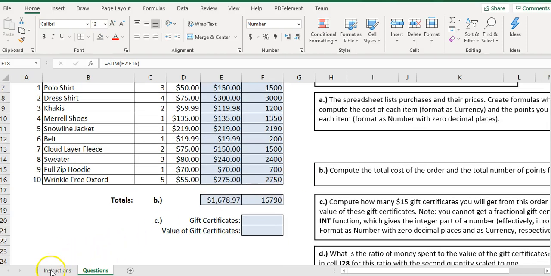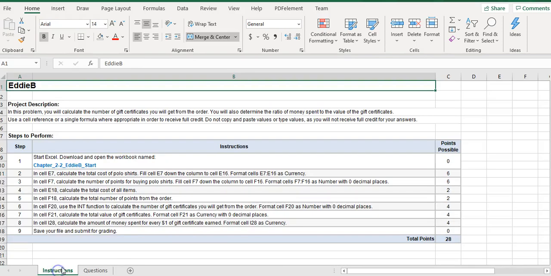So let's look at our instructions again. In E18, we calculated the total of all the items. In F18, we calculated the total of all the points. We've done that. So in cell F20, use the int function to calculate the number of gift certificates you will get from the order.